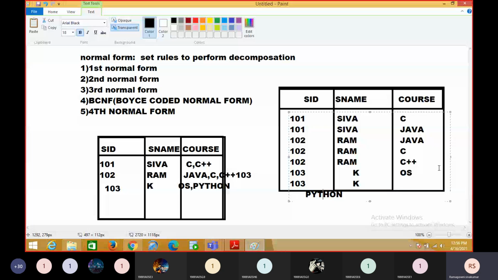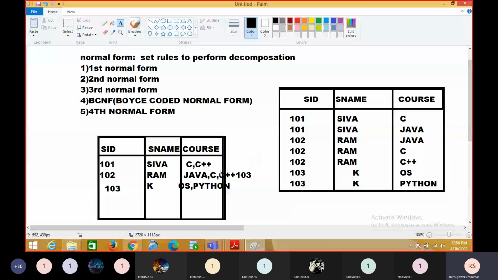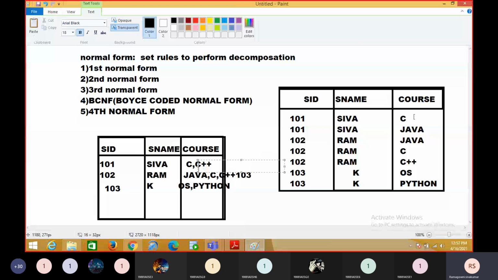I can decompose it. I avoided multiple values in the single column. What is the problem if I write multiple values in a single column? If I try to delete the course C, it will delete C++ also, right?